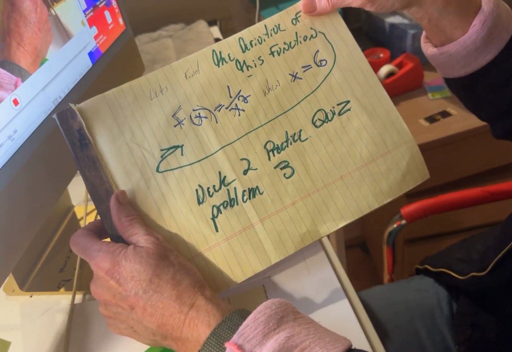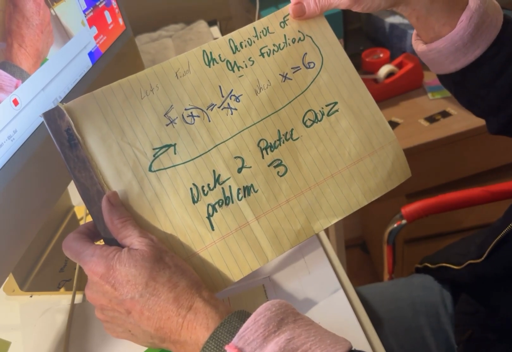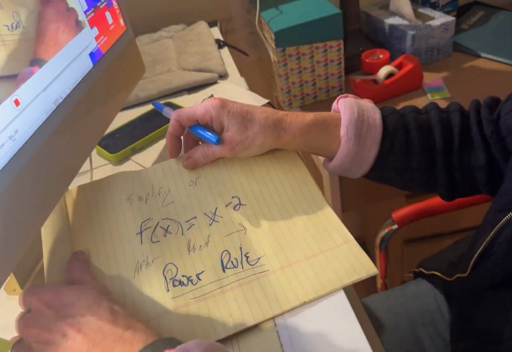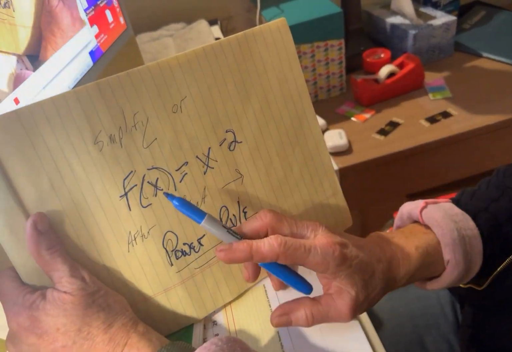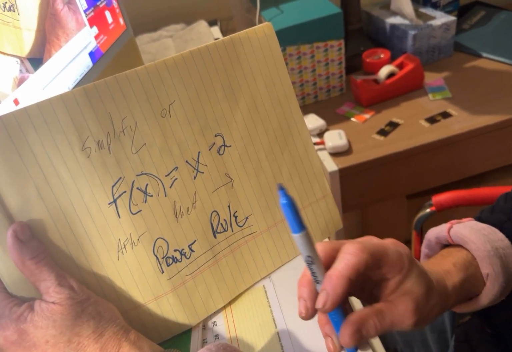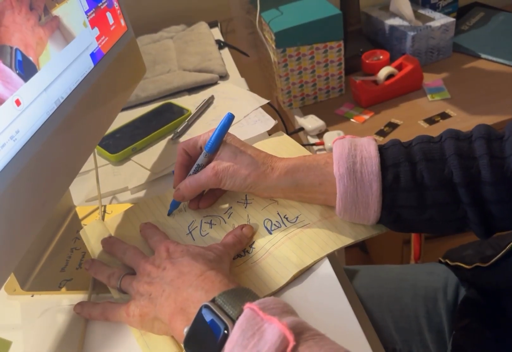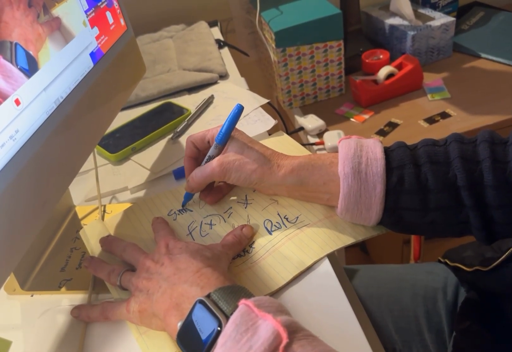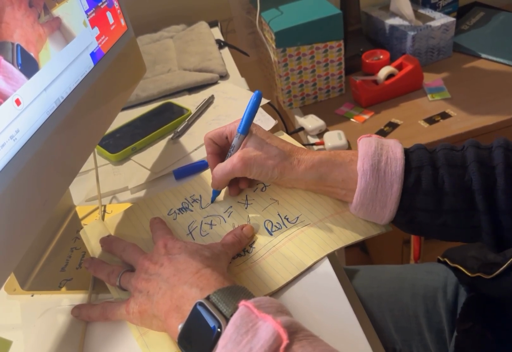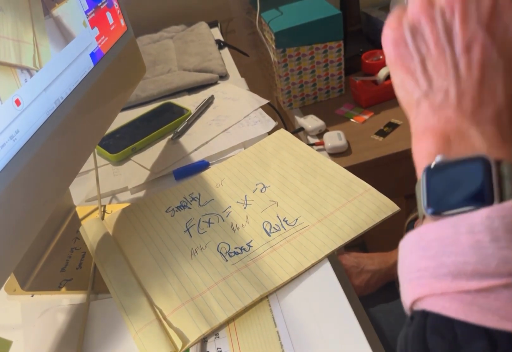We're given f of x equals 1 over x squared. We're going to rewrite or simplify this. This will be f of x equals x to the negative 2.